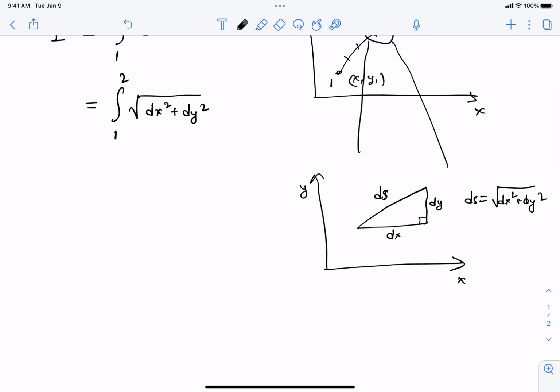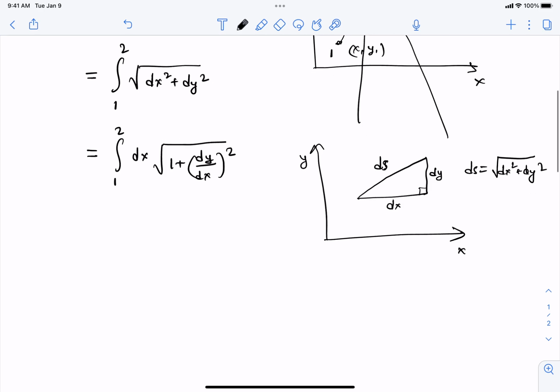Now what we are going to do is take dx common from both these terms, which will give us the square root of 1 plus dy over dx whole squared. Now what is dy over dx?